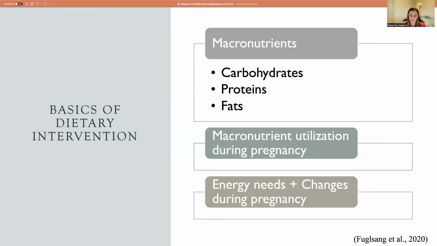So proteins are the building blocks of cells, and they're important for blood sugar control and our general health. Proteins contain 4 calories per gram, and the recommended percentage of daily calories that should come from protein during pregnancy is 10 to 35%. Animal proteins, so meat, fish, anything that comes from animals, so eggs, dairy, things like that, are considered complete proteins because they contain all essential amino acids.